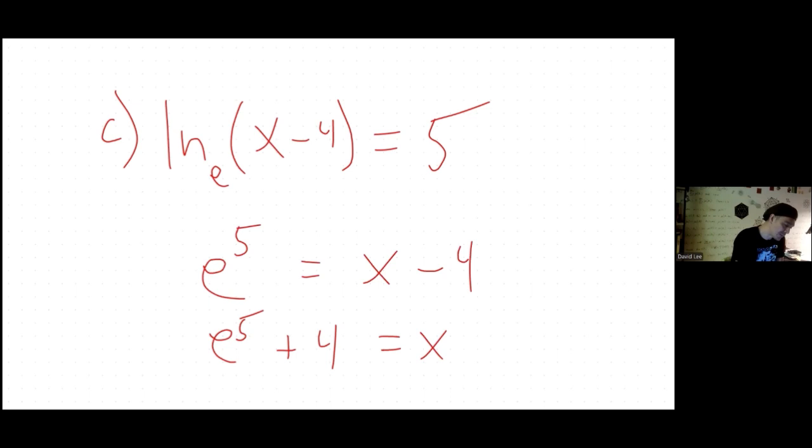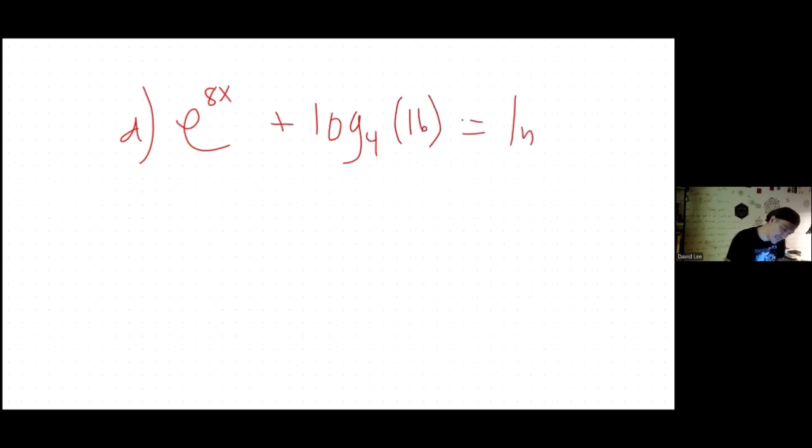What about this one here? What about example D? Let's say something that sort of mixes and blends both worlds. E to the power of 8x plus log base 4 of 16 equals natural log of e to the power of 5. Something that sort of combines everything.